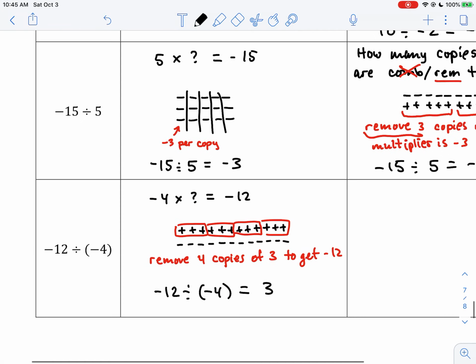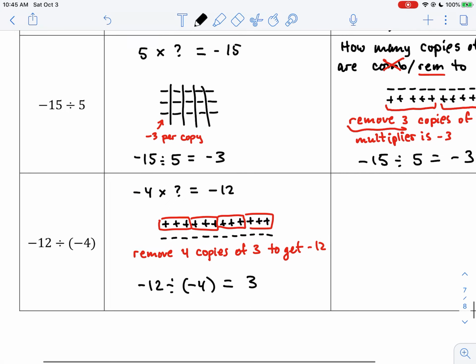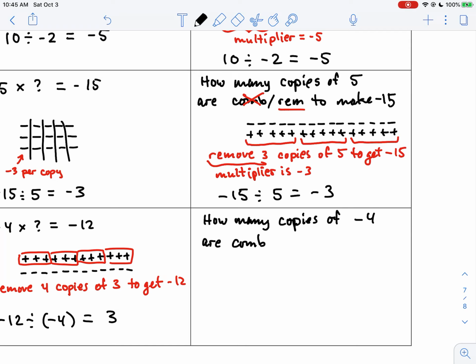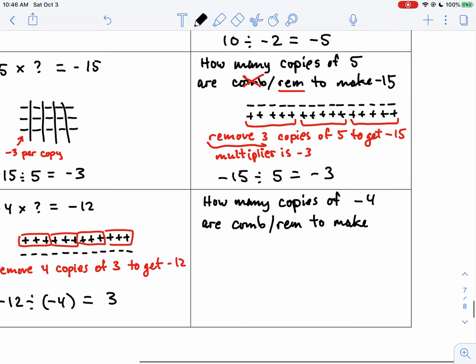Oh, and then finally the last one, negative 12 divided by negative 4. So how many copies of negative 4 are combined or removed, we'll have to make a decision about which it is, to make negative 12.